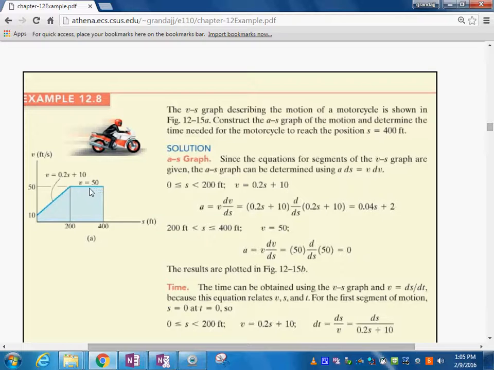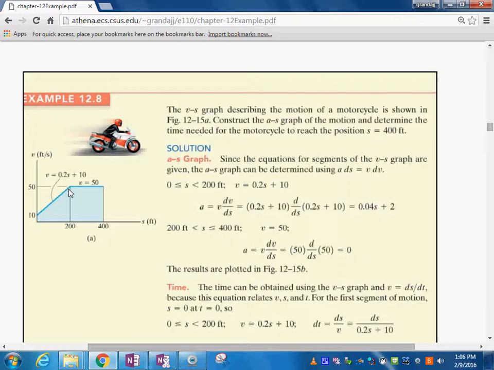Okay. So in this case you have v, which would be 0.2s plus 10, like this. And then the acceleration would be v times dv/ds.